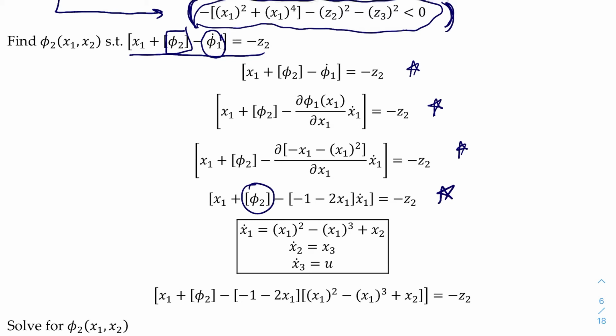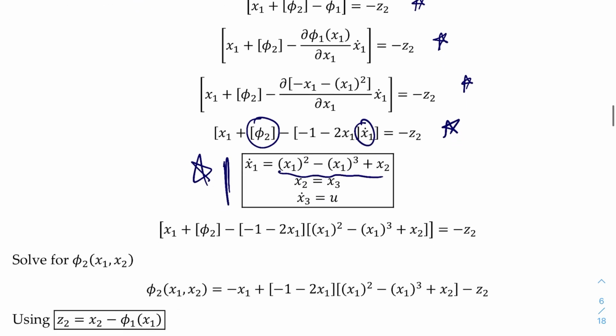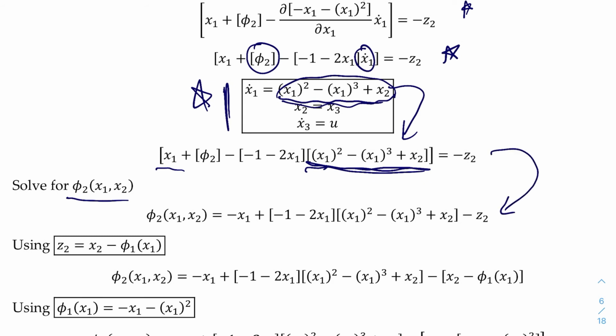All right, just solve for phi 2. I wrote this because here there are x1 dots, right? And by using that, the original dynamics x1 dot can be substituted by this. And just solve for phi 2. Again, all of those manipulations are simple algebraic manipulations.